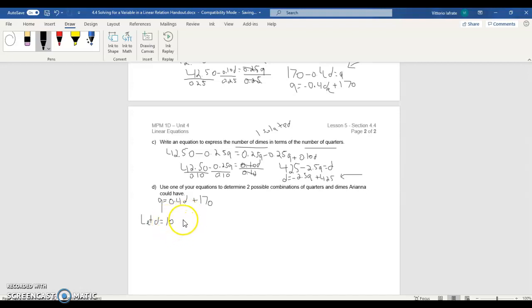So if I have 10 dimes, how many quarters do I need to have to satisfy this equation to really have $42.50? So let's take a look to see if I can figure that out. All I do is plug in my D into my equation. So the D that I have there is 10.